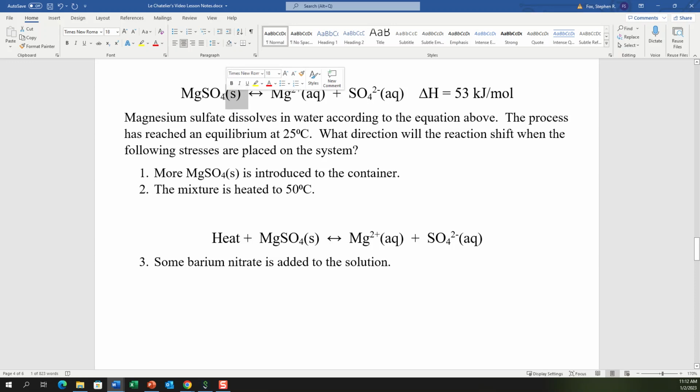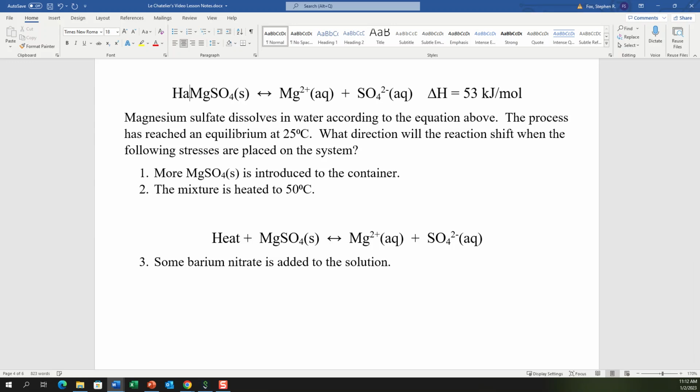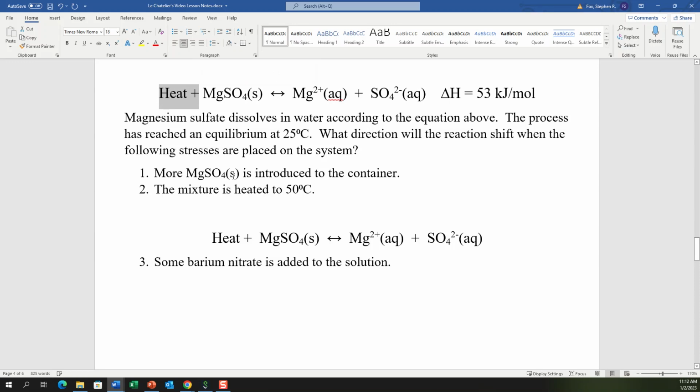Remember, a solid is not a part of the equilibrium position. If we wrote the equilibrium expression for this reaction, we would not include this in that equilibrium position, okay? The other thing, delta H is a positive value. That means heat is a reactant, not a product. So I can throw heat on this side of the equation.